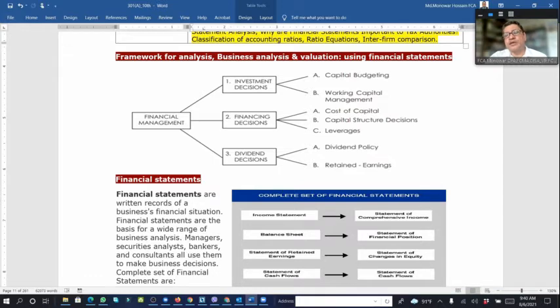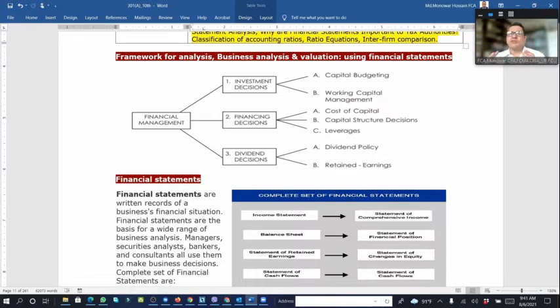Both are capital, but the equity owner is the real owner of the company, while loan capital is just a loan, and we have to pay interest. Structure means, for example, 40% equity and 60% loan is one structure, and 50% loan and 50% equity is another. Sometimes a power company, when establishing a project, takes 30% equity and 70% loan.